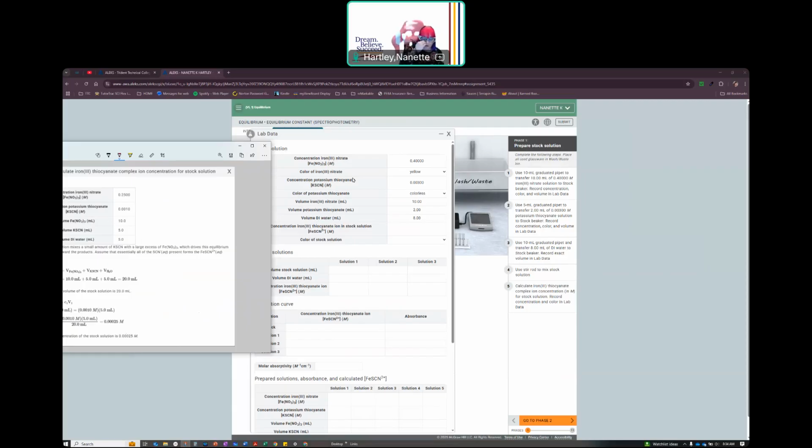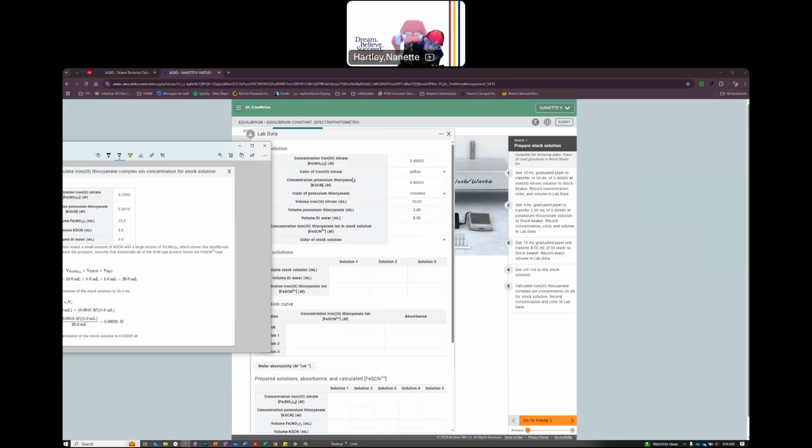Now the total volume, when I'm done, all of those volumes added together, V2, is equal to 10.00 milliliters plus 2.00 milliliters plus 8.00 milliliters, which is 20.00.